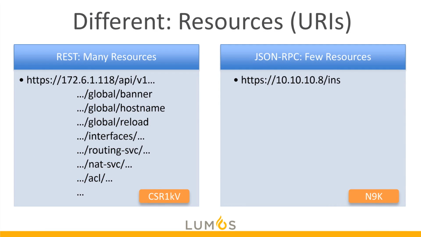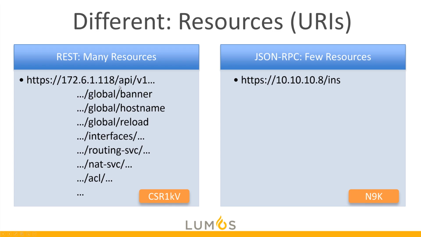So for instance, with REST, we have many different URIs, or if you want to call them URLs. Here's the IP address of maybe my device or web server, 172.6.1.118, followed by a slash, and most people put their API after a subdirectory called api.